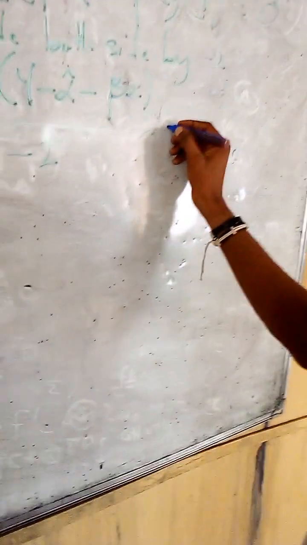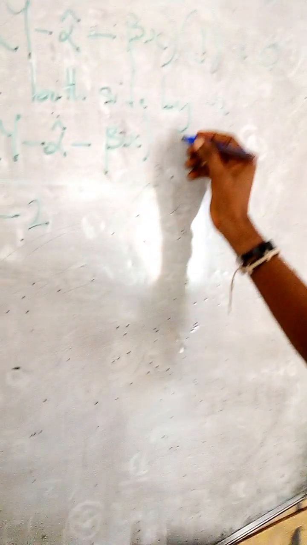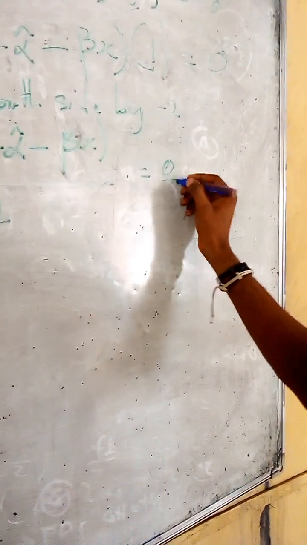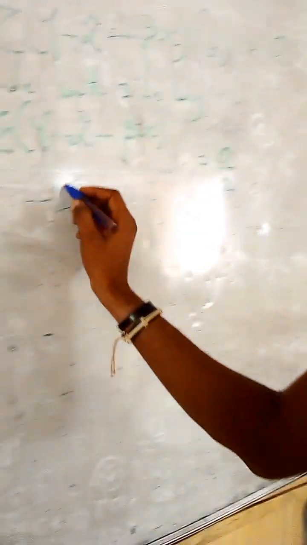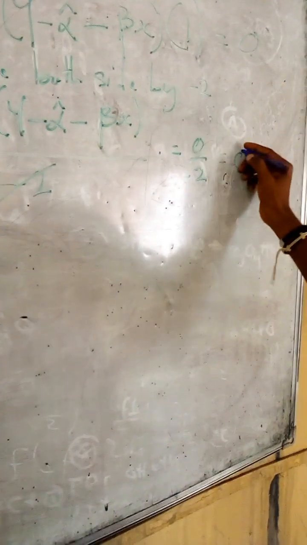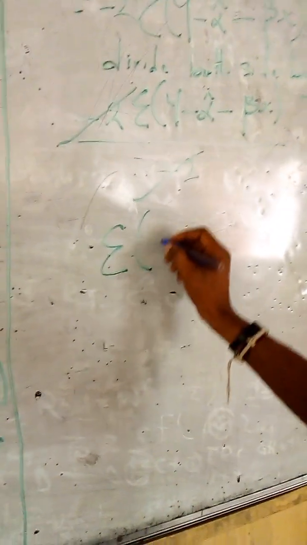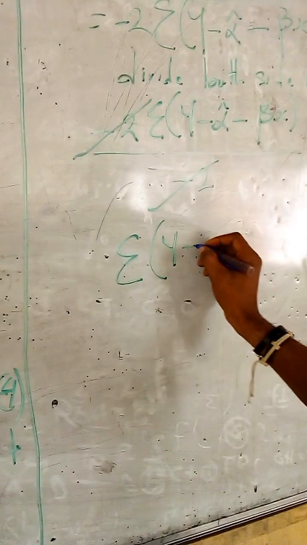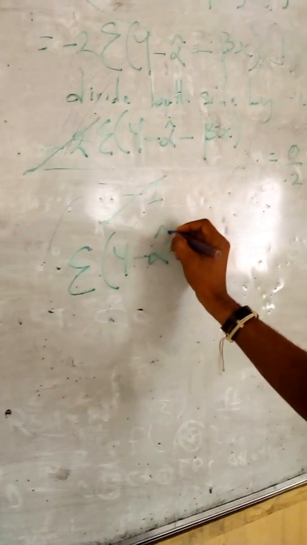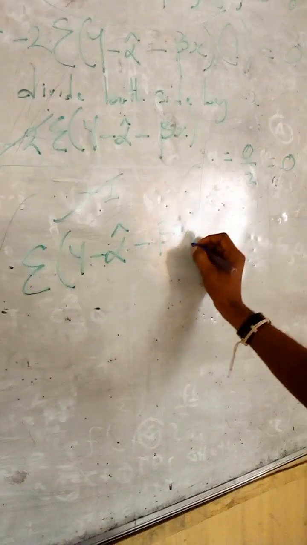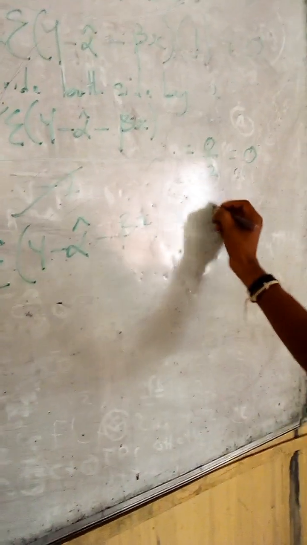Okay, then the next thing you do again is equals to 0 over 2. Now this minus 2 will cancel this minus 2. This one automatically will be equals to 0. So we have summation of y in bracket minus alpha cap minus beta cap x equals to 0.